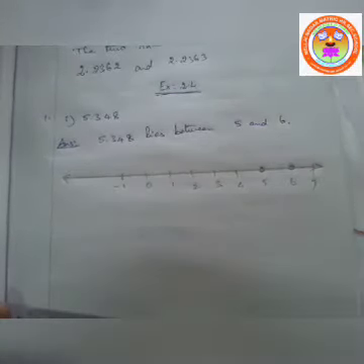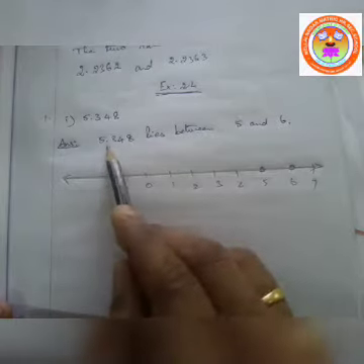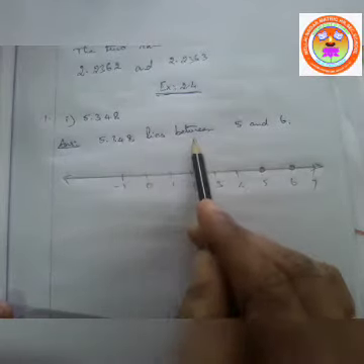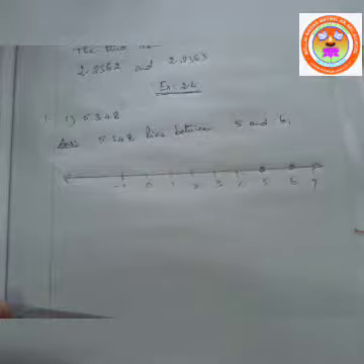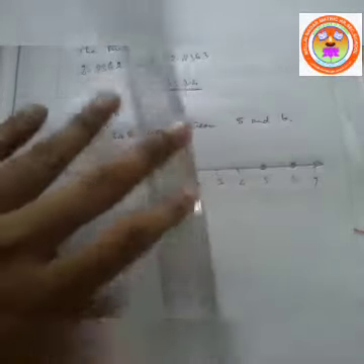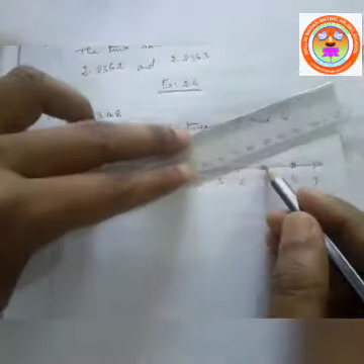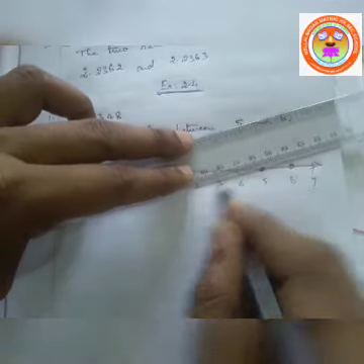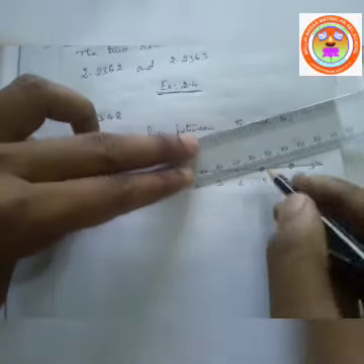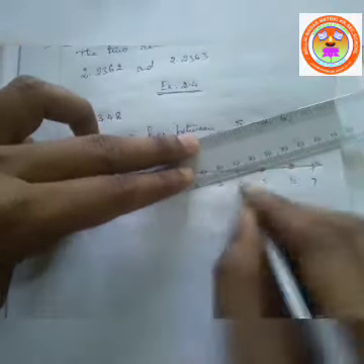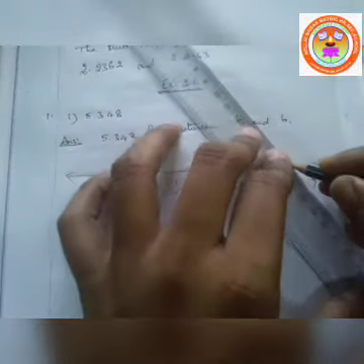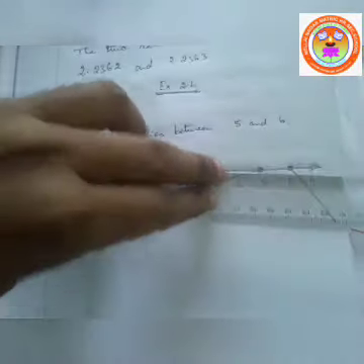Are you agree with me? This 5.348 lies between the 5 and the 6. So what I am going to do, I am going to expand this 5 and 6. Listen carefully. Like this only you have to draw it.